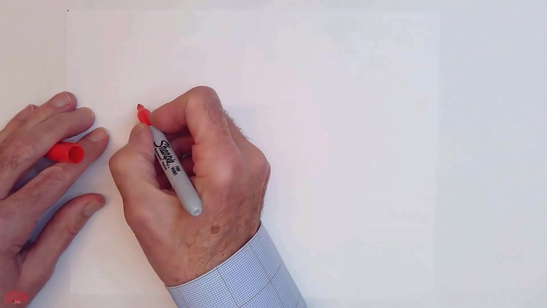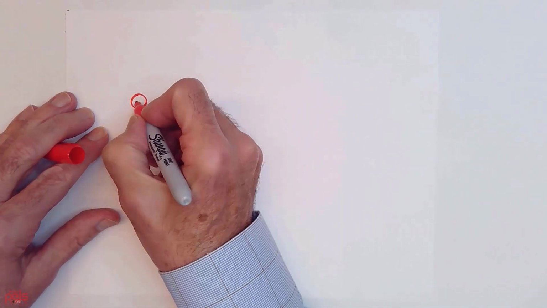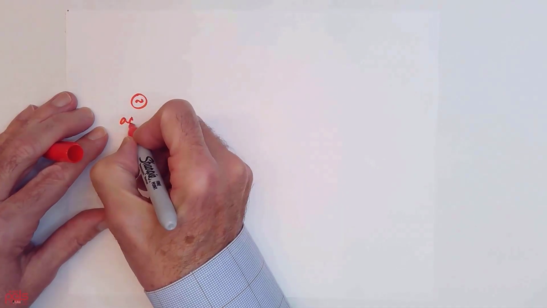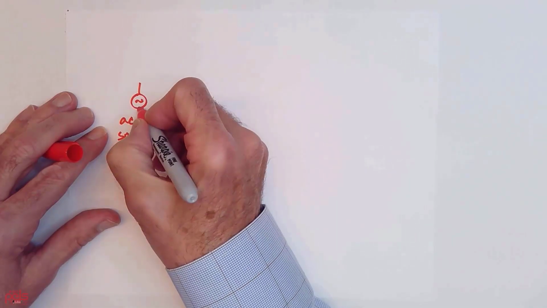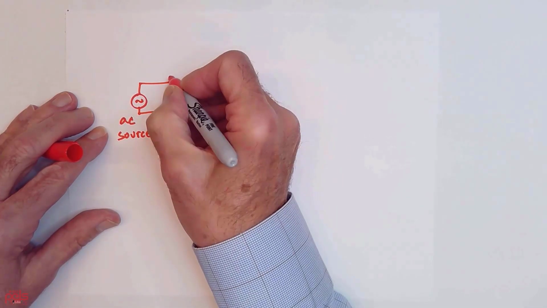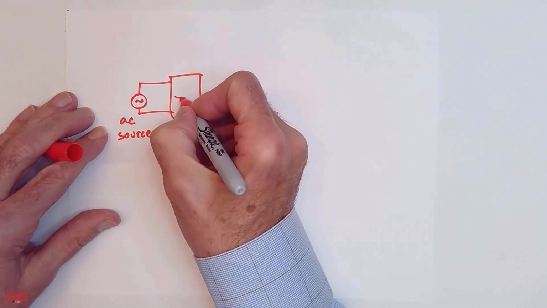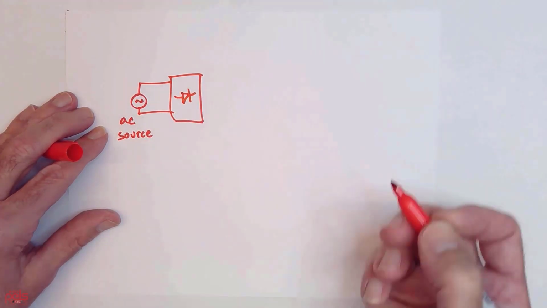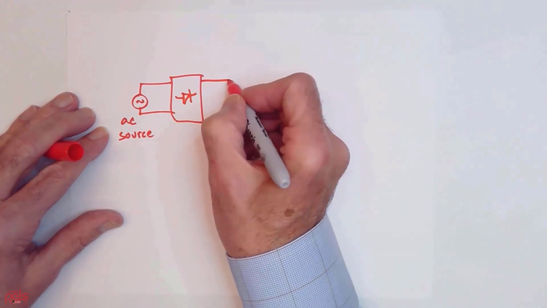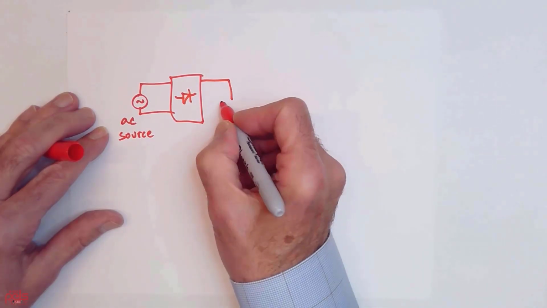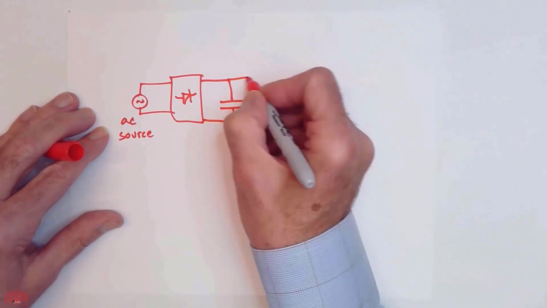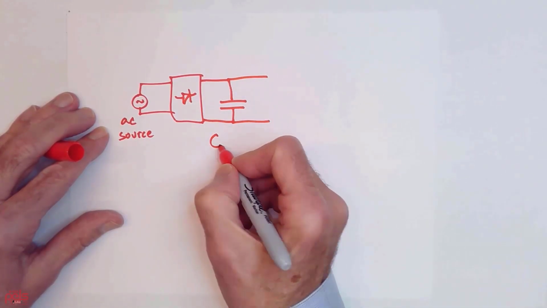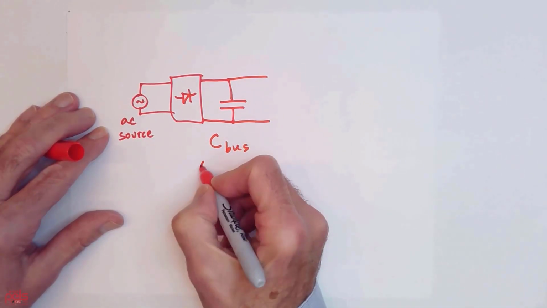So for example, if I had some kind of an AC source and I run that through some kind of, and I'm just going to show it as a block, rectifier, then I have a DC output here, and very typically we'd have a significant bus capacitor. So here's my C sub bus, tends to be large.